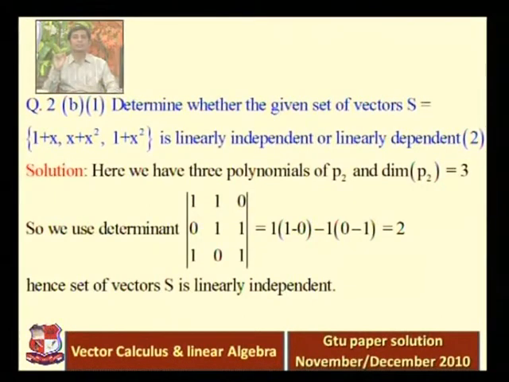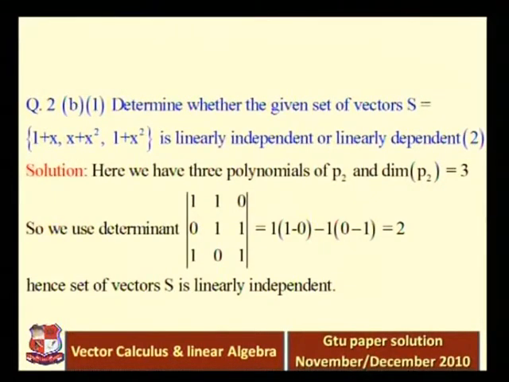But if we have the same number of vectors as the dimension, then you can use the determinant method. The same thing happens here. The dimension of P2 is equal to 3, and we have 3 polynomials of P2, so we use the determinant method.